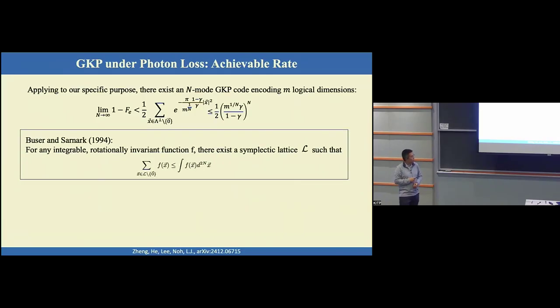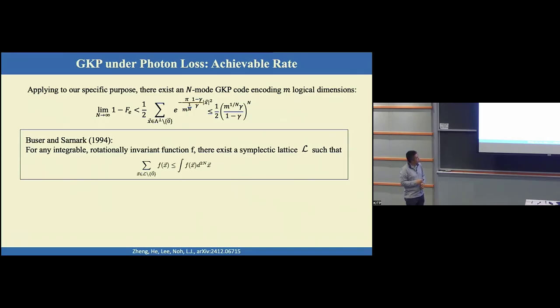And we actually can use a theorem from Buser and Sarnak, which says there exists a symplectic lattice such that we can upper bound this sum over lattice points by an integral. And because this expression is quadratic, it becomes a Gaussian integral, so we can compute the upper bound for that. And you'll find the upper bound is just a constant multiplied by some number to the power n.